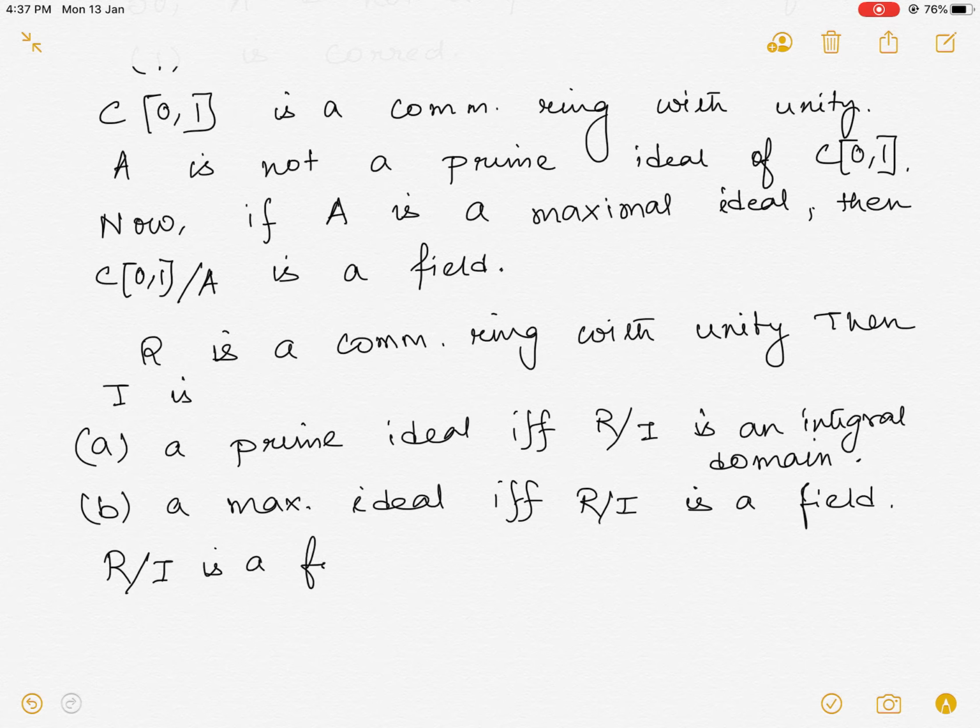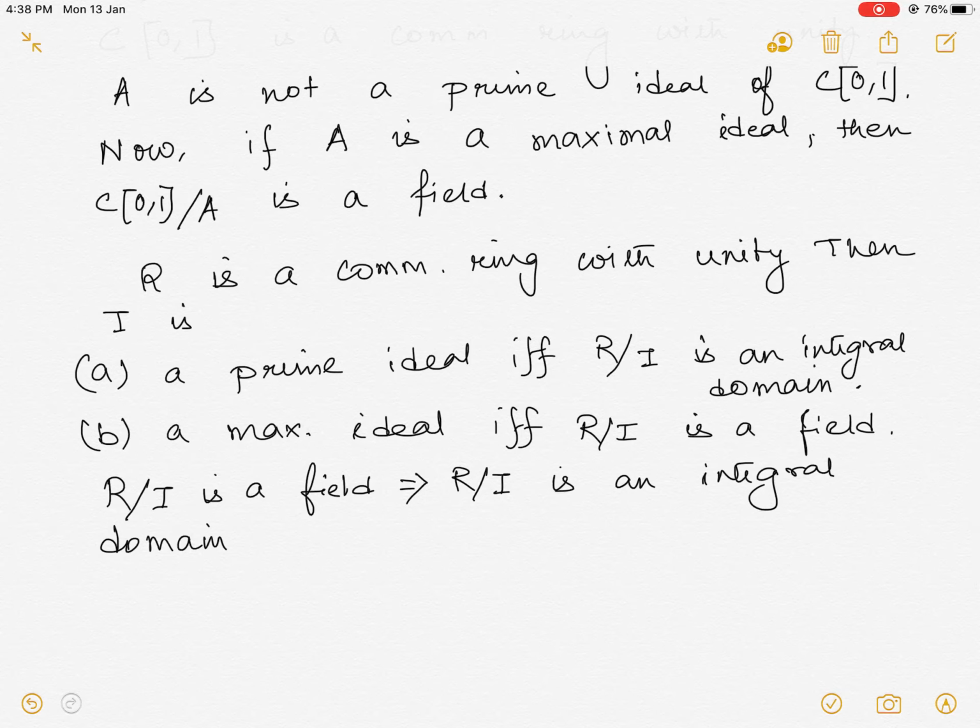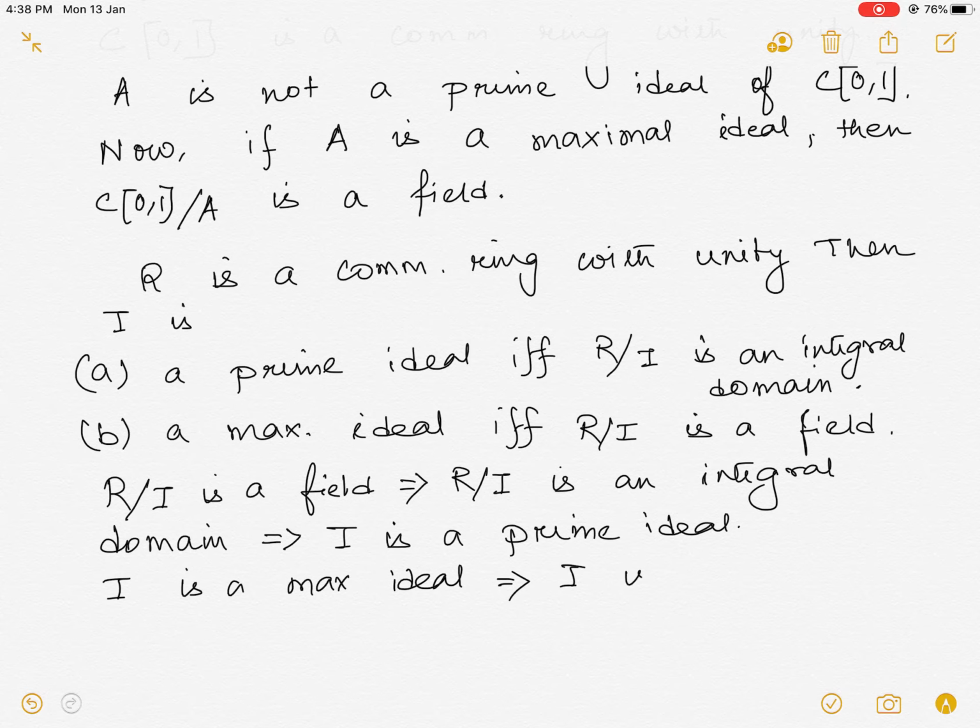If R factor I is a field, then this implies that R factor I is an integral domain and by point A, this implies that I is a prime ideal. So for any commutative ring R with unity, if I is a maximal ideal, then I is also a prime ideal.